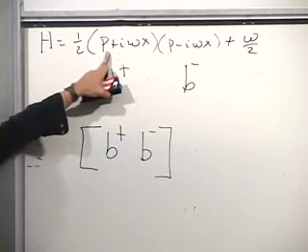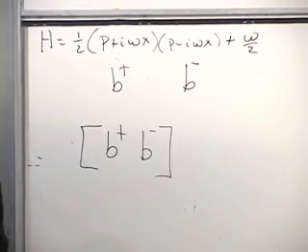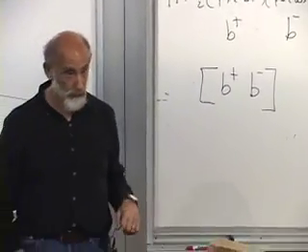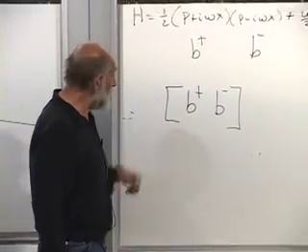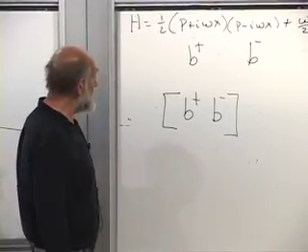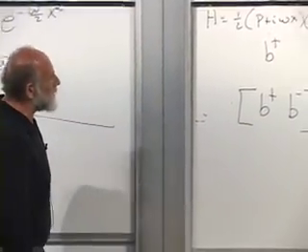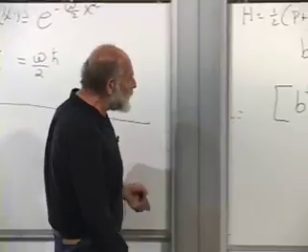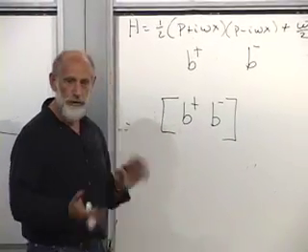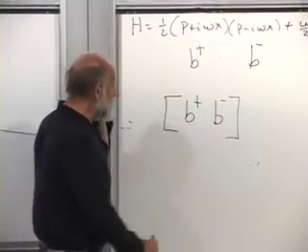They're not observables, incidentally. Why aren't they observables? Because the individual ones are not Hermitian. They don't have a complete set of eigenvectors in general. But nevertheless, we're going to do some algebra with them. It will be useful to know what the commutator is when we start multiplying them in various ways.